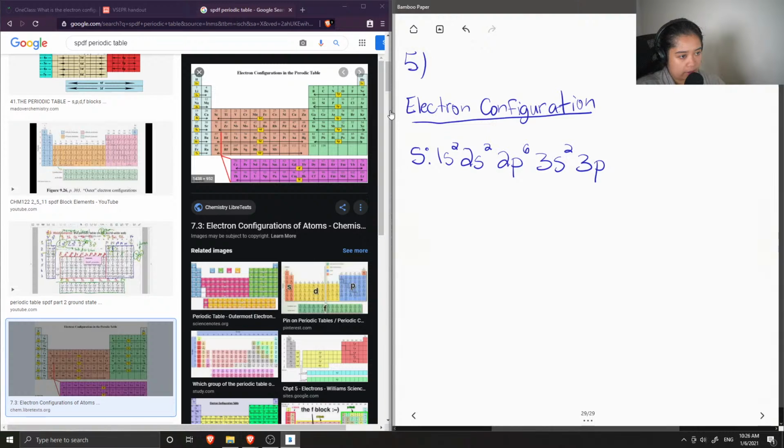So 1, 2, 3, 4. So this is the following electron configuration, and we can also write this in the shorthand way.